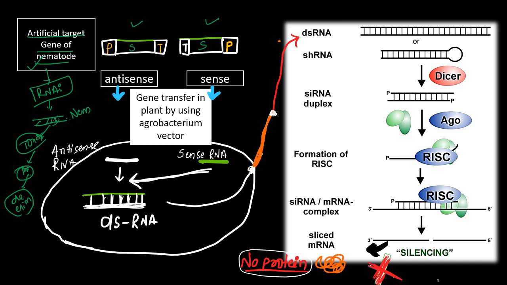But here one is antisense, the other is sense. In antisense, the promoter is first; in sense, the termination is first. In antisense, the termination is last; in sense, the promoter is last. Antisense produces an mRNA and sense also produces an mRNA.